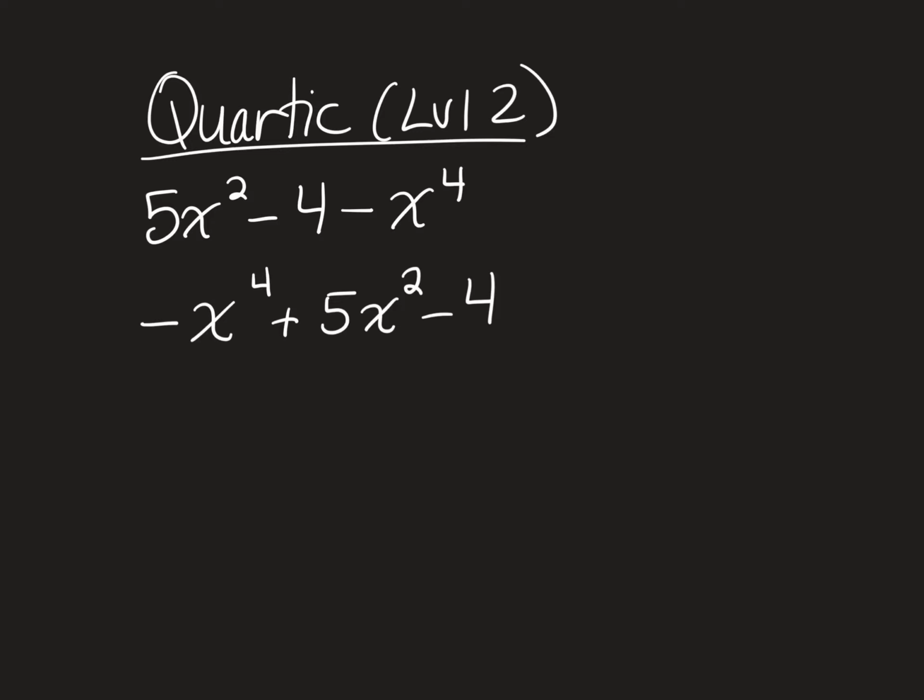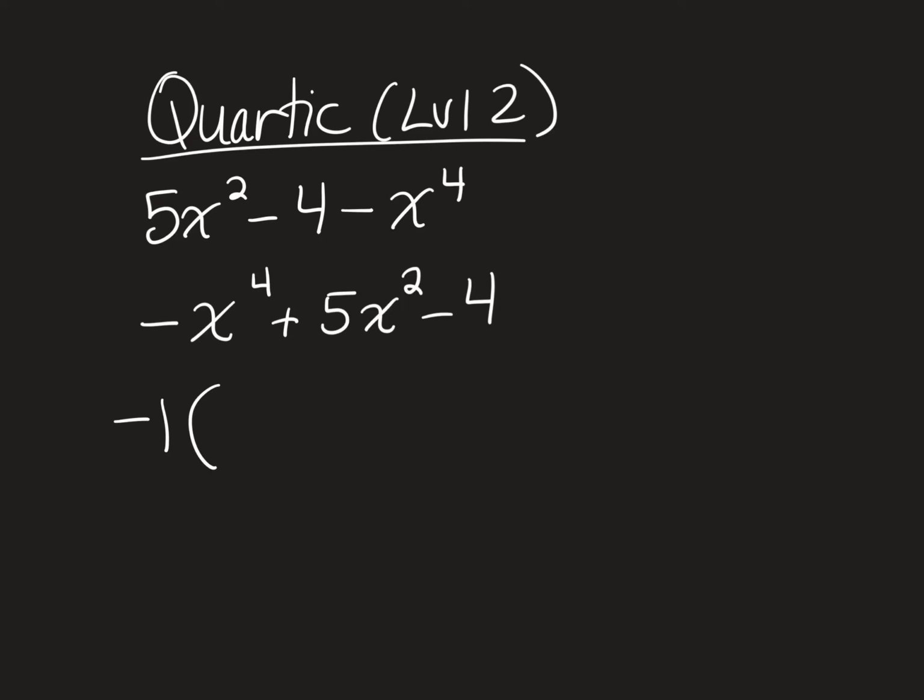Now, I hate when my leading term, my term that has the highest power, has a negative sign in front of it. So here's what I'm going to do. I'm going to think about -1 as a greatest common factor that I can actually factor out. So I'm going to start with that.